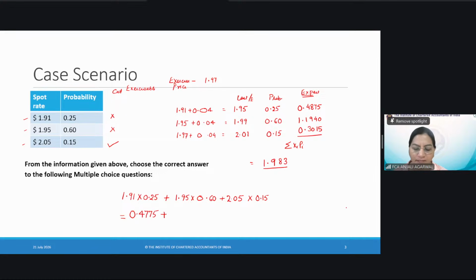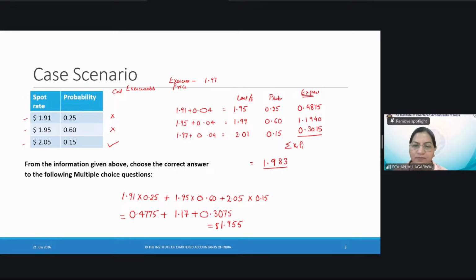$0.4775 plus 1.17 plus 2.05 into 0.15, 0.3075. So expected price is, adding all the three, 1.955.